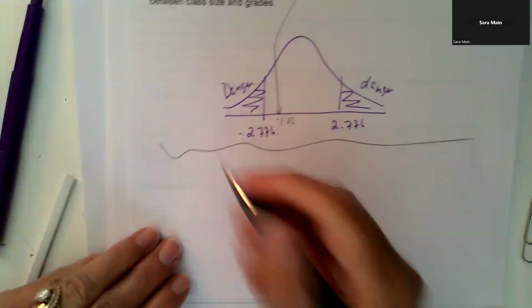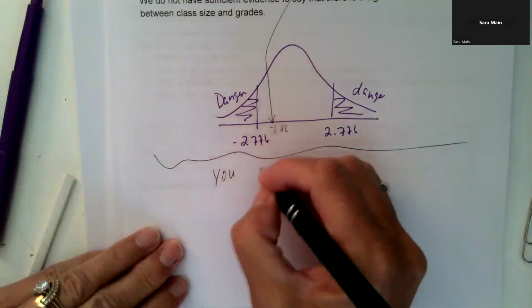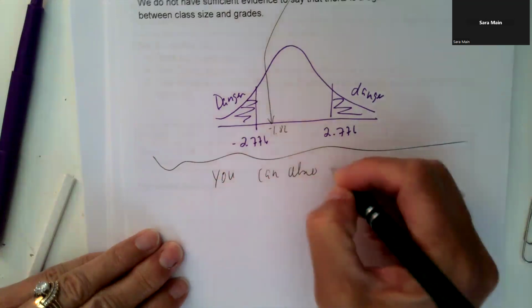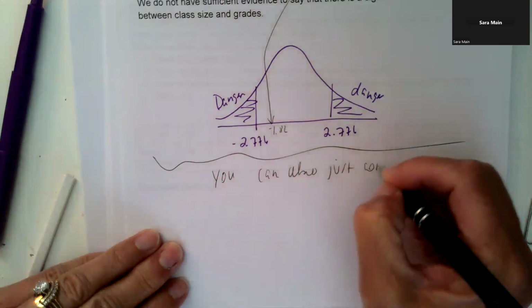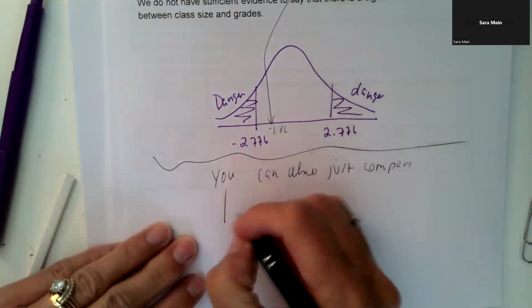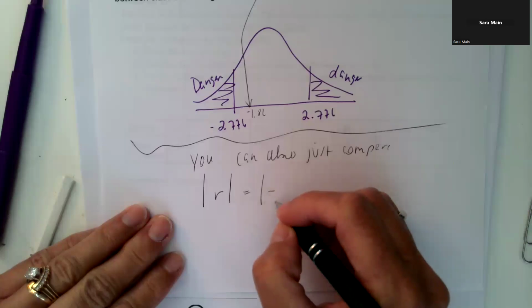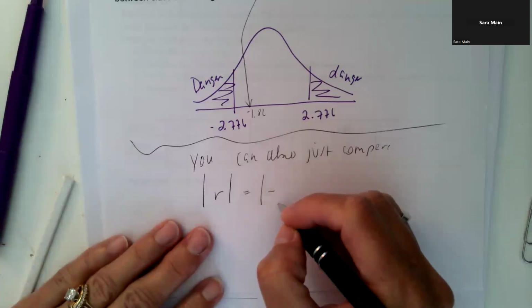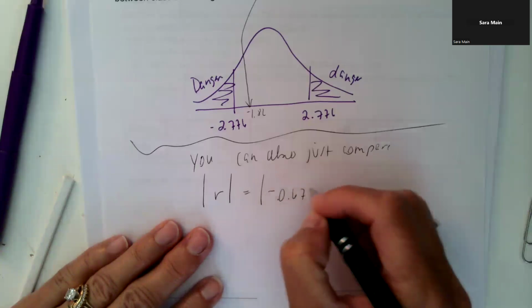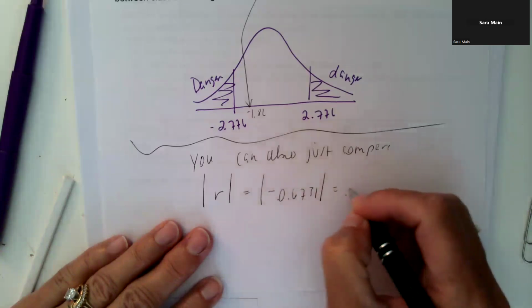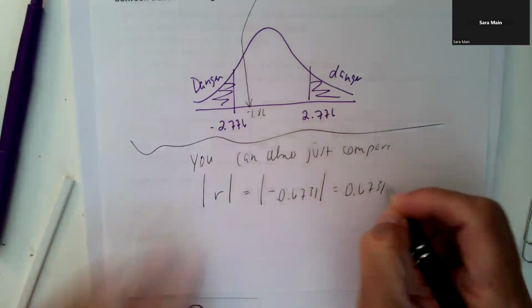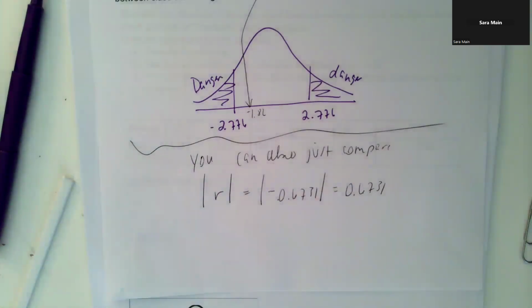Okay, so that's using the test statistic. Now you can also just compare the absolute value of R, which is the absolute value of a negative 0.6731, which comes out to be 0.6731. It's kind of like the p-value.